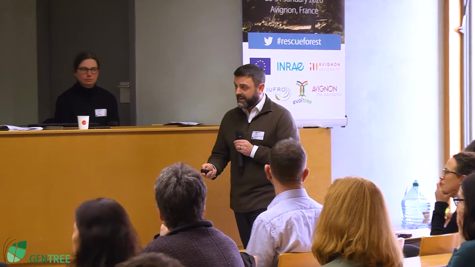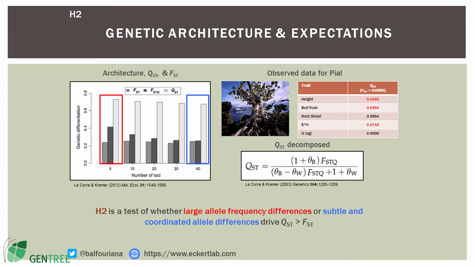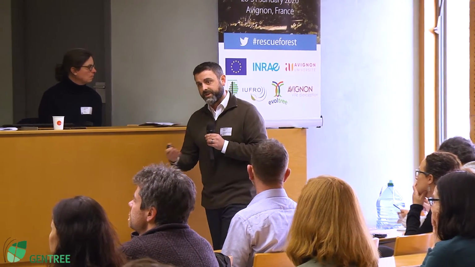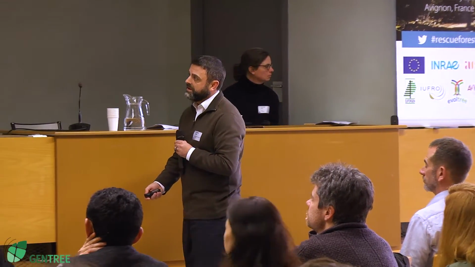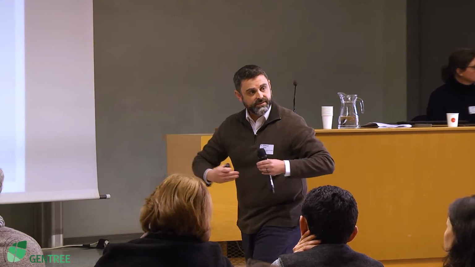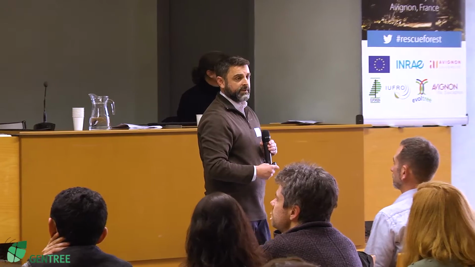And we can say that for a variety of reasons, the data I just showed you, as well as, moving on to hypothesis 2, some wonderful theory that Martin Lescaut mentioned this morning that Antoine Crémer and colleagues came up with. It's related to the genetic architecture of the traits under selection. So that for some architectures, we expect not a lot of differentiation at the loci that cause the trait itself. Right?